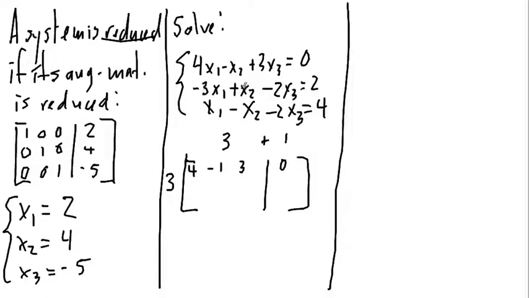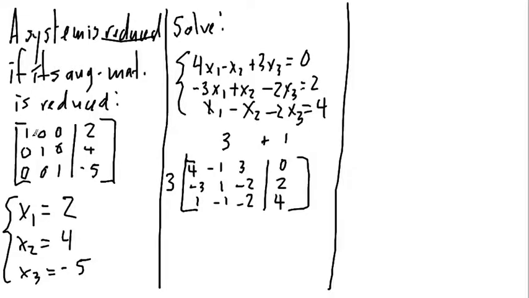The next one is -3, 1, -2, and 2, and the last one is 1, -1, -2, and 4.